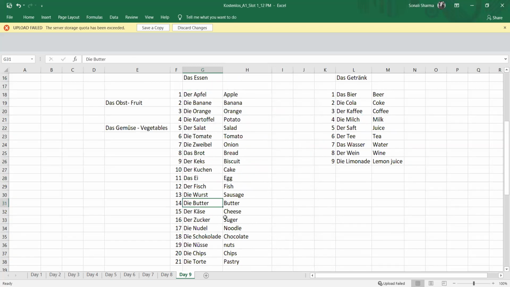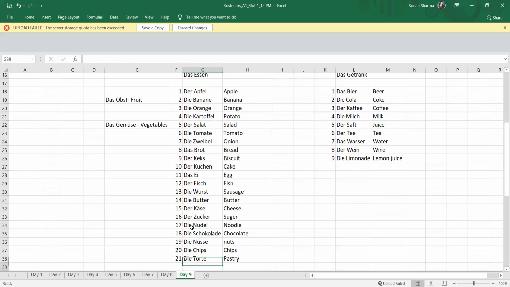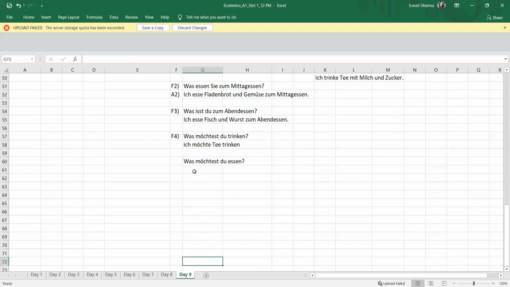If I write this noodle word, I would like to have noodles. Now I will write it in the plural form. Ich möchte Nudeln. This is in the plural form. Ich möchte Nudeln essen. Full stop. These are the ways you can make sentences.